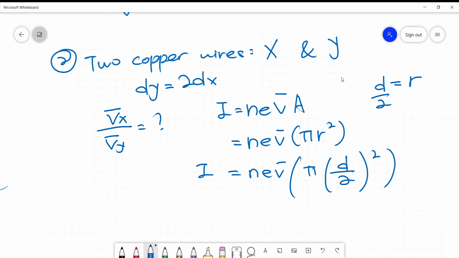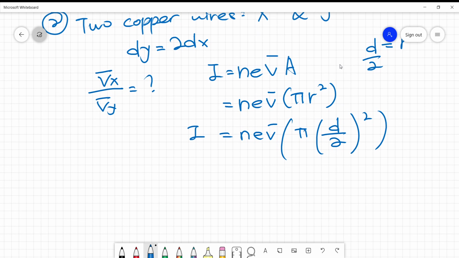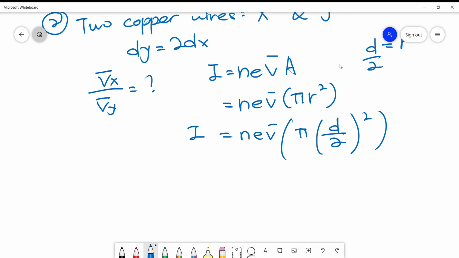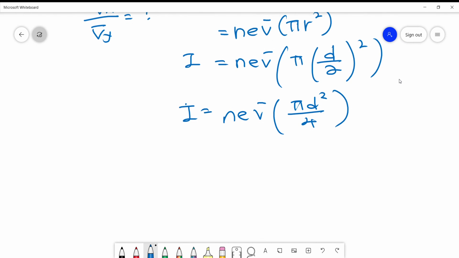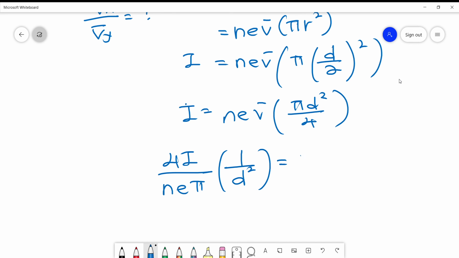If I derive the expression for the drift velocity, I will do it step by step so that you can see it clearly. A is pi d squared over 4. So v is 4I over n e pi, times 1 over d squared.